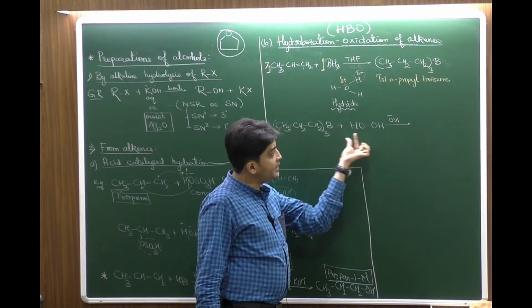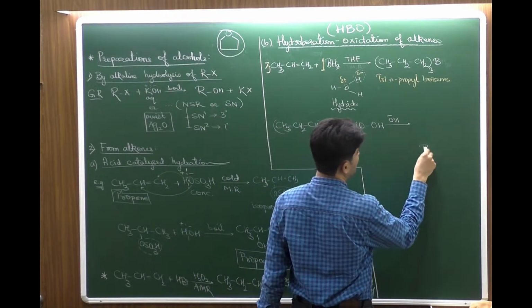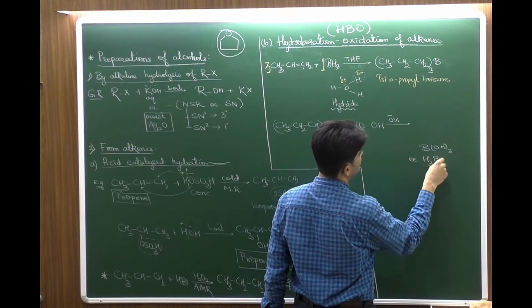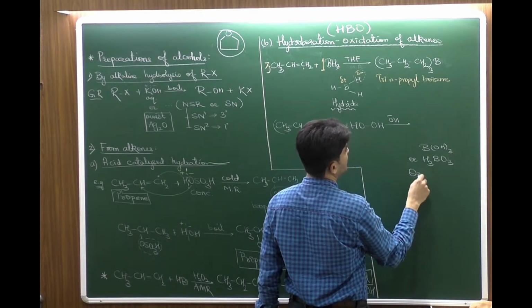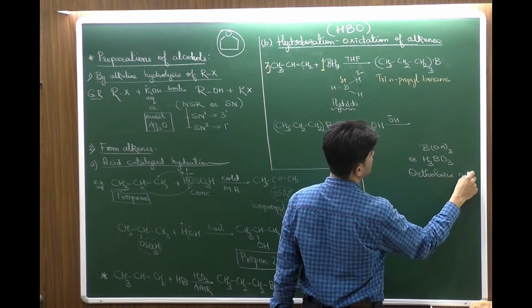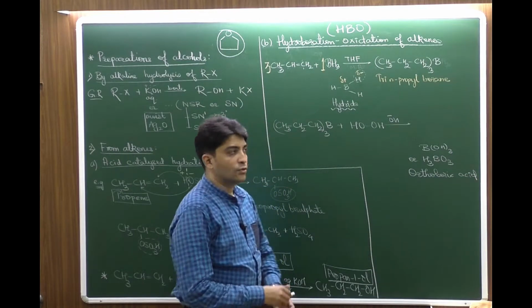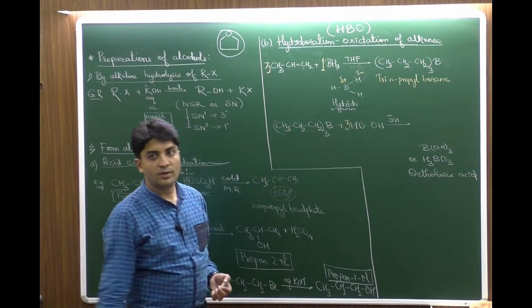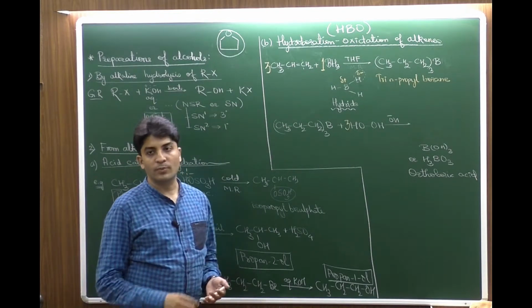Now boron immediately takes away the OH, giving you B(OH) thrice. If I open the bracket, it is H3BO3, and this boron acid is called orthoboric acid. So 3 OH groups required for boron, hence now it will be balanced as 3 moles of peroxide.